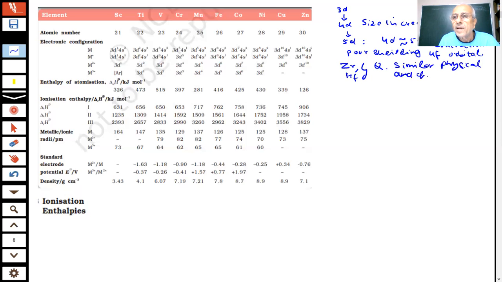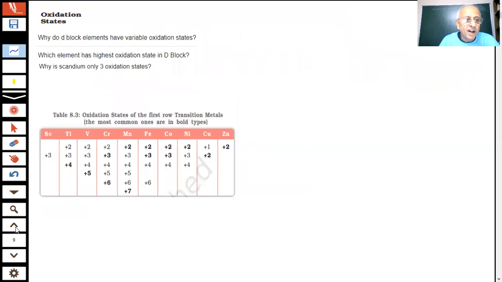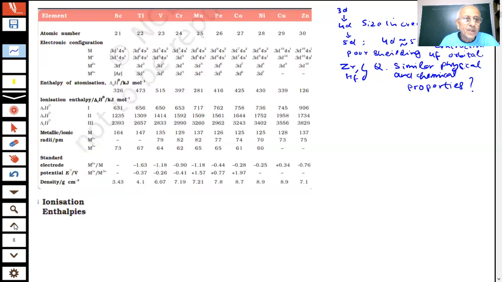Why? This question was asked in the paper, students. We are discussing a large number of question answers in our lectures, as you are aware. So zirconium and hafnium have similar physical and chemical properties. What answer are you giving for this?